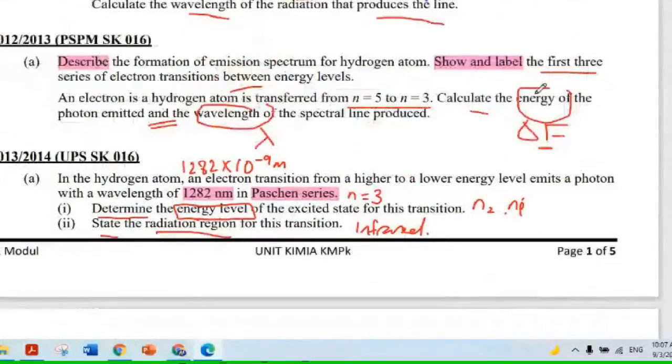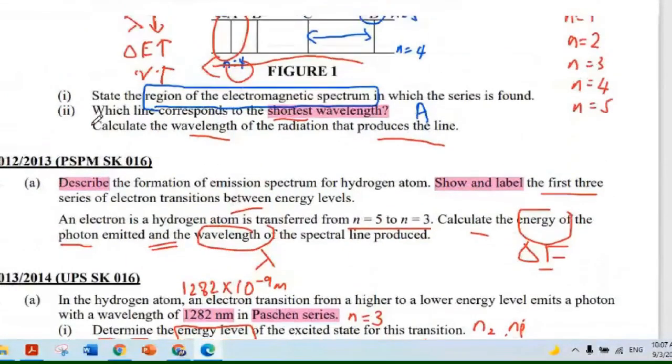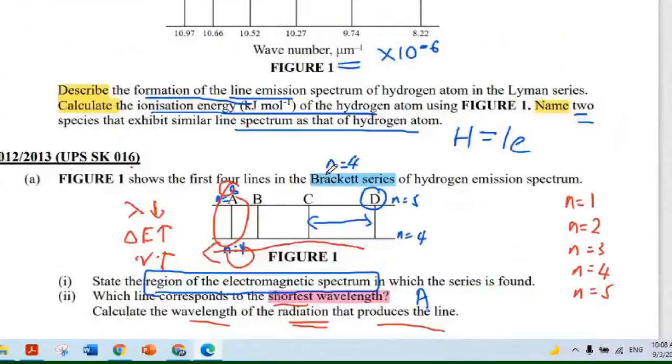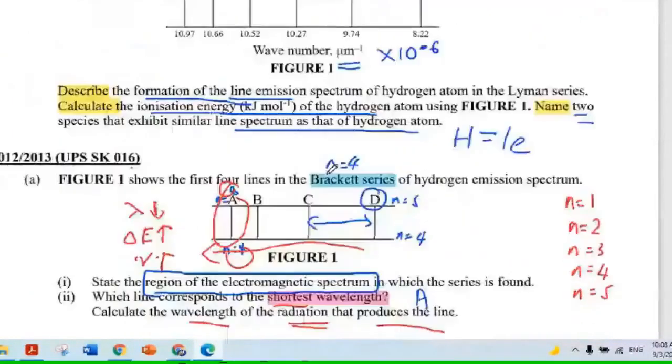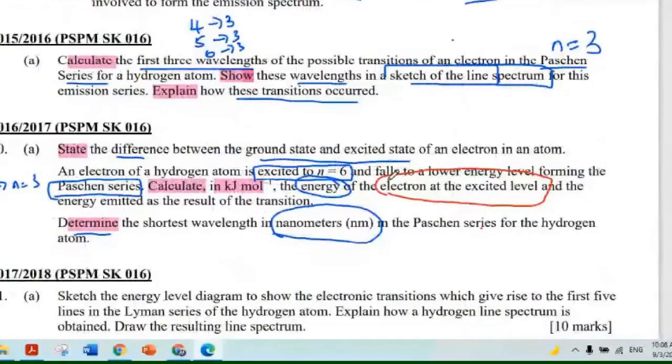Nampak tak? Calculate the energy of the photon emitted. Photon emitted from a higher to lower. Calculate the radiation, ataupun guna perkataan radiation, baru akan involve transition. Tapi untuk yang ini, dia hanya nak excited state sahaja, excited level sahaja.